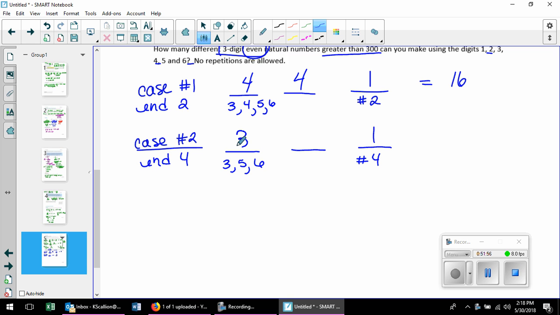So this would be 3. How many can I choose from here? I've picked 2 numbers. How many are left? 4. Now you understand my absolute hate for this unit.